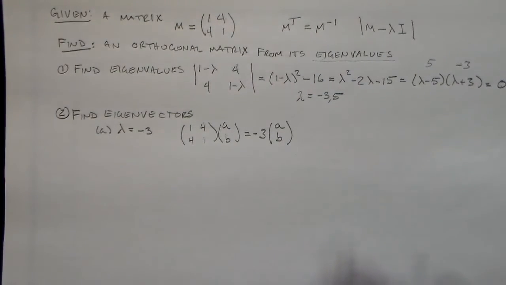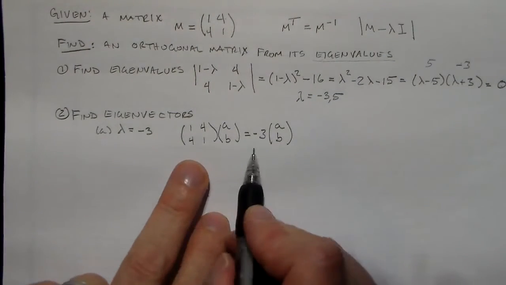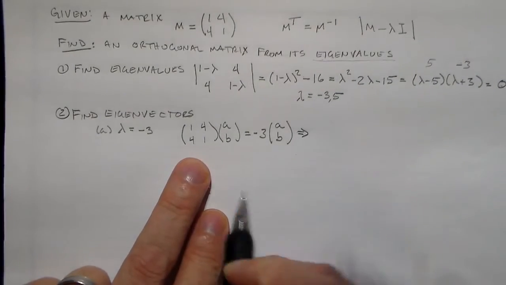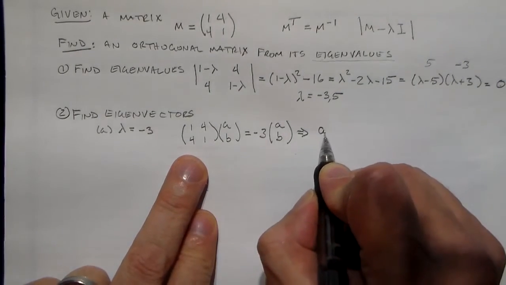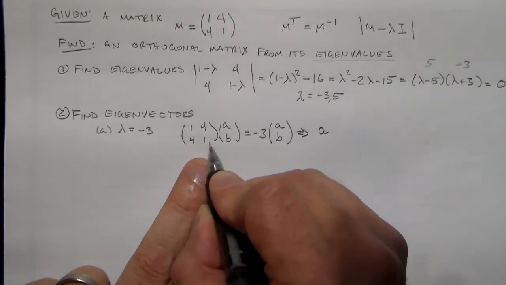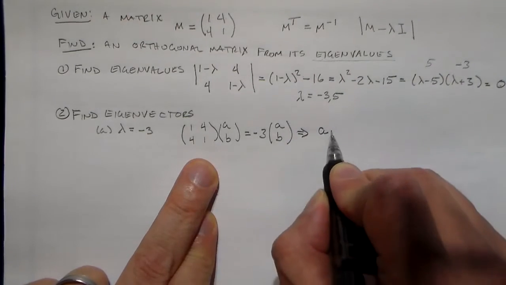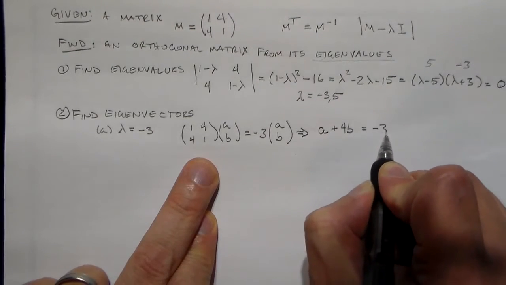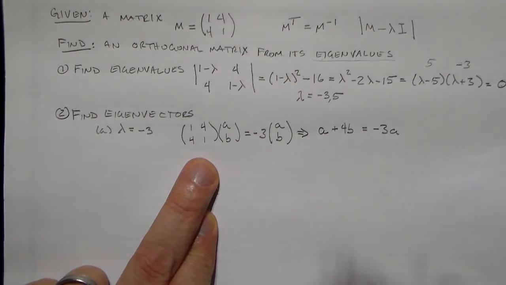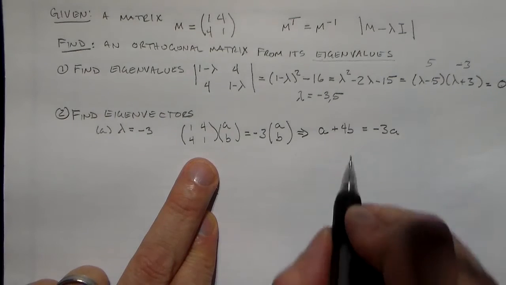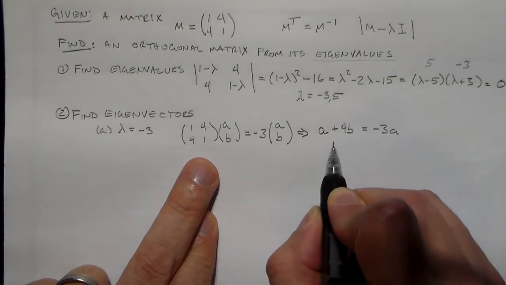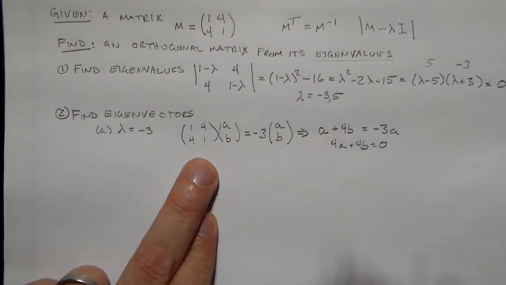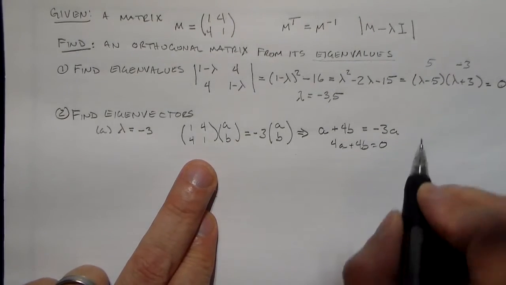So this gives us two equations. We're really only going to need one of them. That's like A plus 4B equals minus 3A, and that's actually enough for what we need to do. That's 4A plus 4B is equal to 0, which means A is equal to minus B.